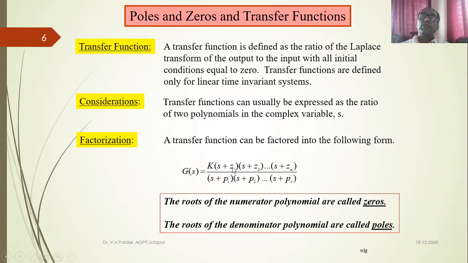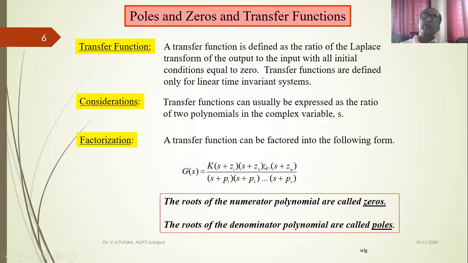So in s plus 1, 1 is the first zero of this polynomial. In s plus 2, 2 is the second zero of this polynomial. In s plus 3, 3 is the third zero of this polynomial. So there was s into (s plus 1)(s plus 2)(s plus 3). So 1, 2, 3 are called the 3 zeros of this polynomial.